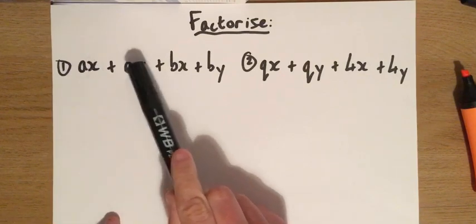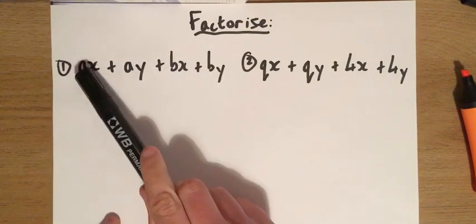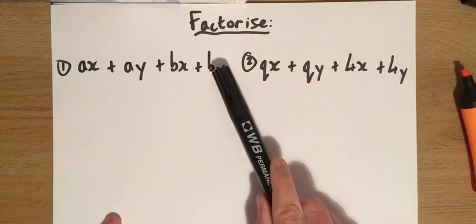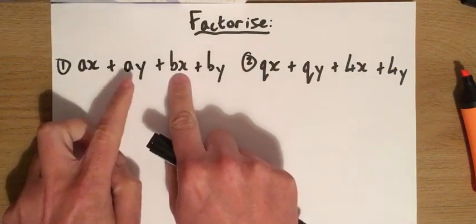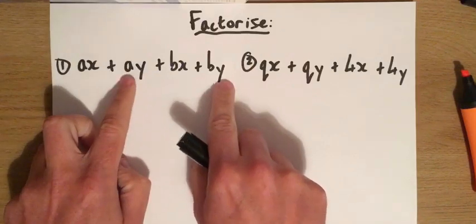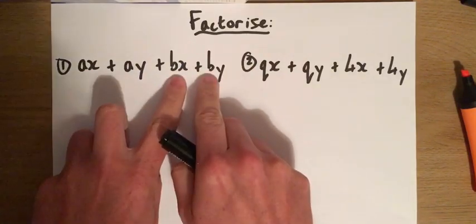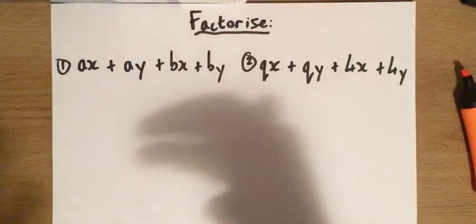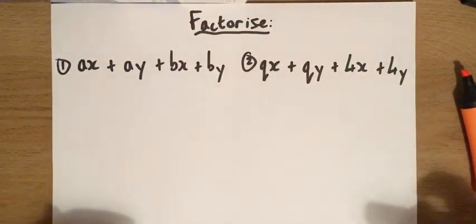There are 1, 2, 3, 4 terms. The first two have an a in them, but there's no a in the second two. This has an x, this has an x, but these don't. This has a y, this has a y, but these two don't. We've got b's here, but there's no b's here. So there's nothing common to all four of those.